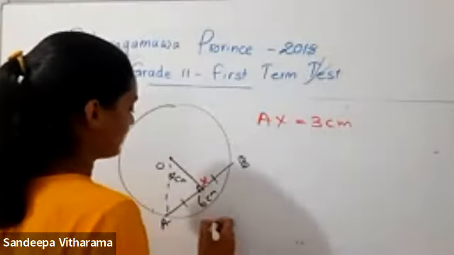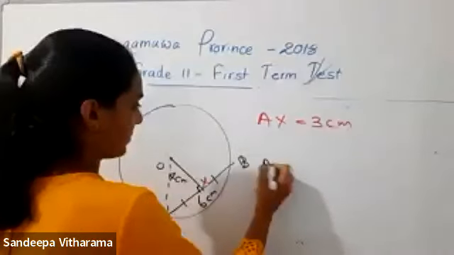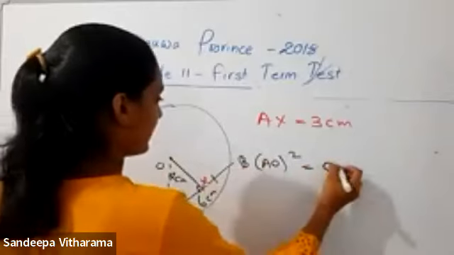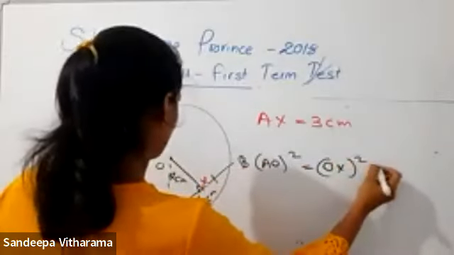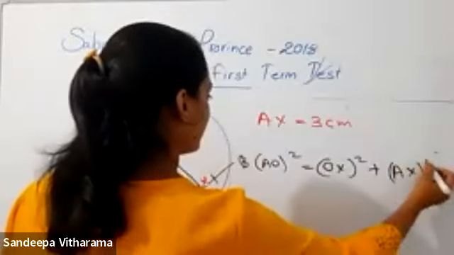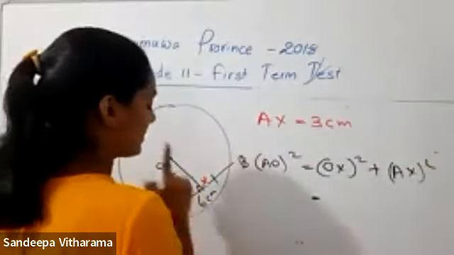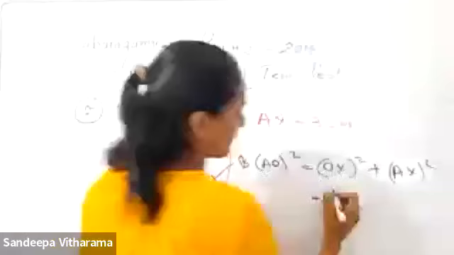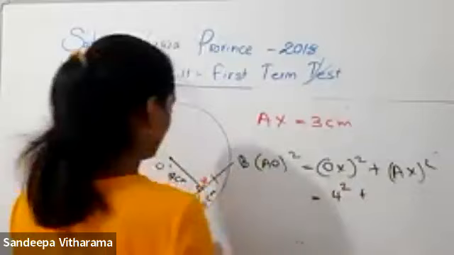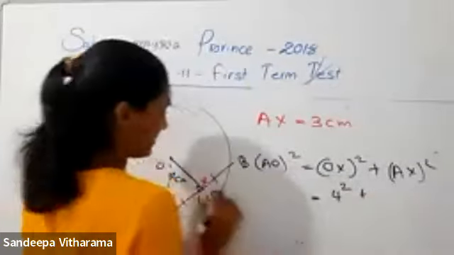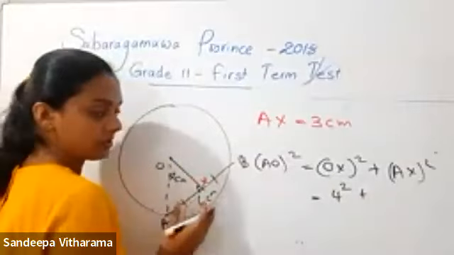Let's find this one. Then AO squared equals OX squared added to AX squared. OX is equal to 4 centimeters, that means 4 squared. AX is equal to 3 centimeters because bisects means divided into two equal parts.